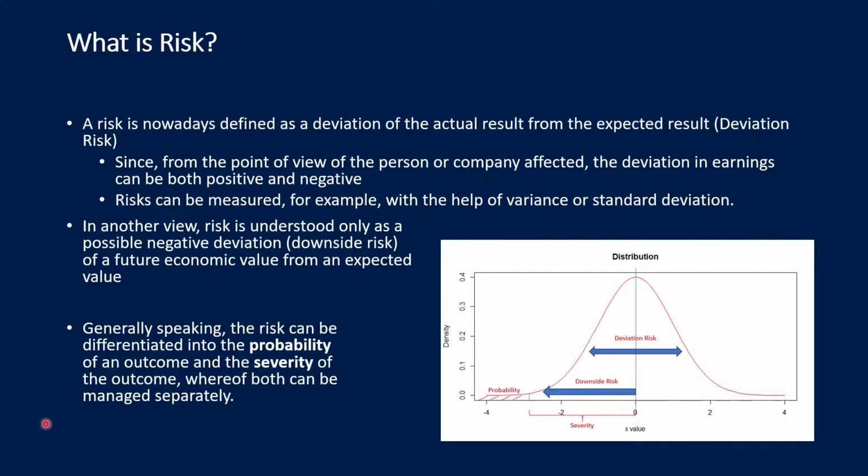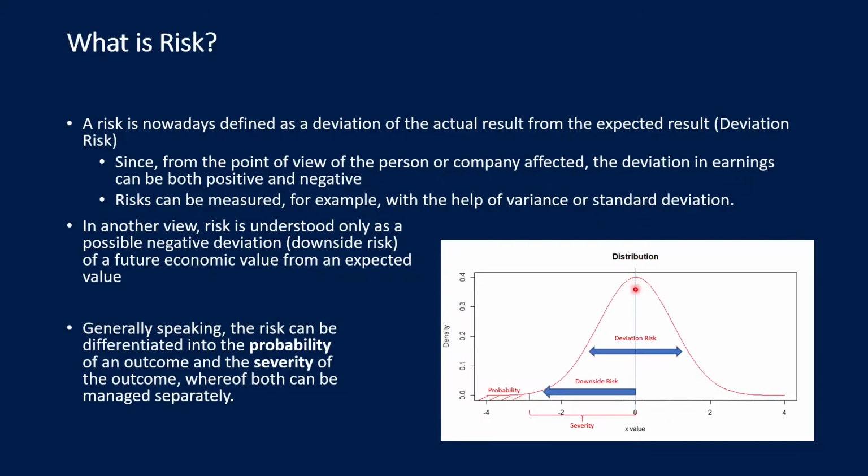Okay, so what is risk? A risk is nowadays defined as a deviation of the actual result from the expected result, what we call the deviation risk. So here we see some kind of risk distribution or probability distribution.